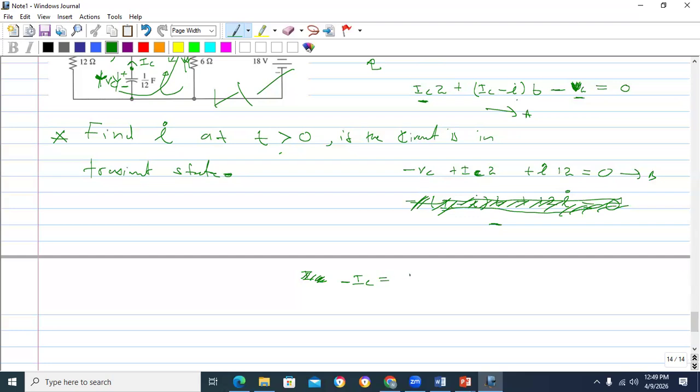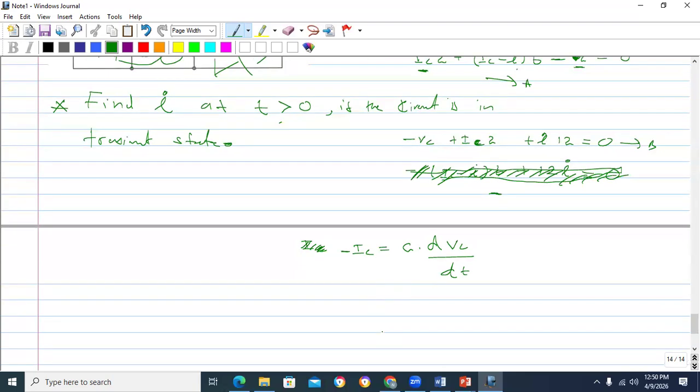It is equal to C into dVC/dt. So you have to consider this one. So instead of IC, you can apply this term. So it will be minus.